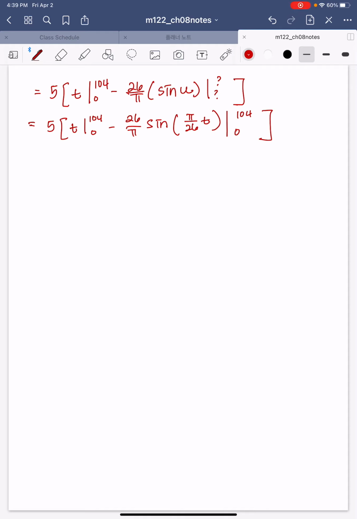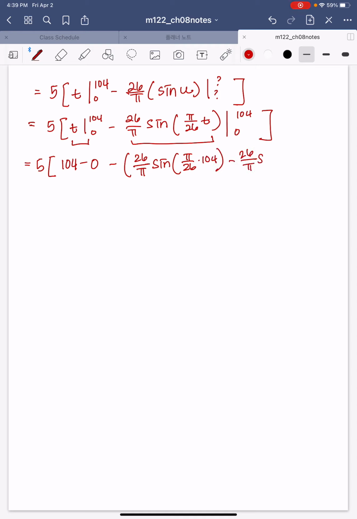Now we are finally ready to plug it in. So first, this part over here will be 104 minus 0, minus this part over here, 26 over pi sine pi over 26 times 104, minus 26 over pi sine pi over 26 times 0.